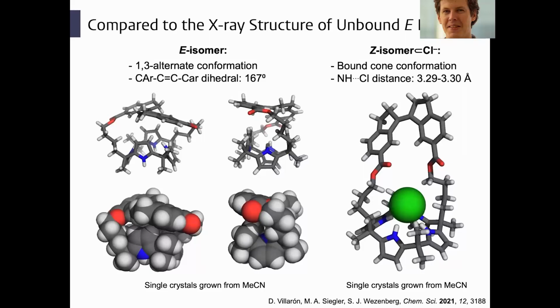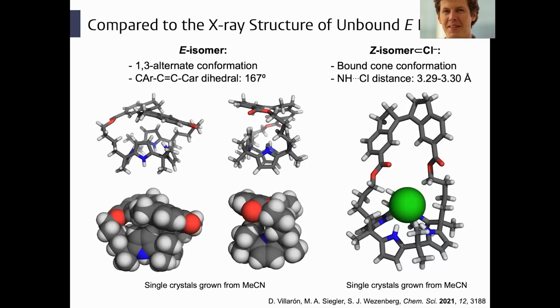But we found that in this E isomer, there's actually a lot of strain on this bridge. And by DFT calculation, it seems that it costs a lot of energy to adopt this cone conformation. So we think that's one of the main reasons for this low binding affinity.